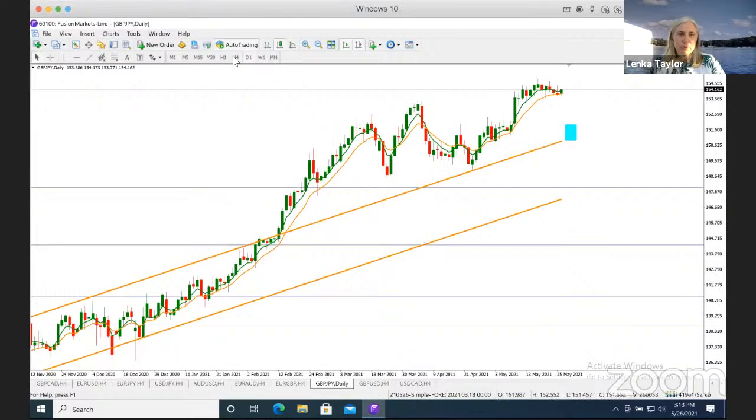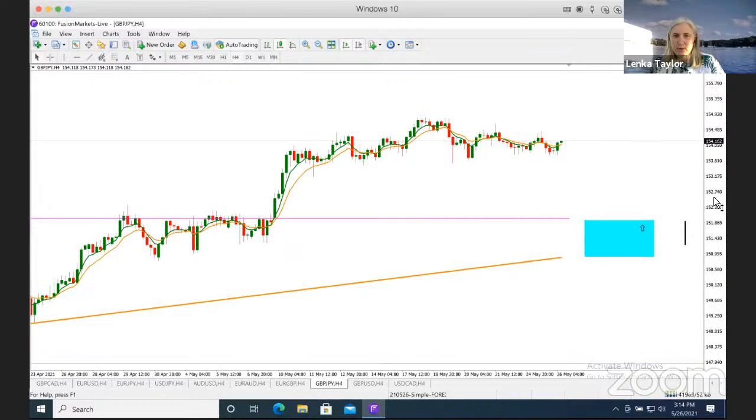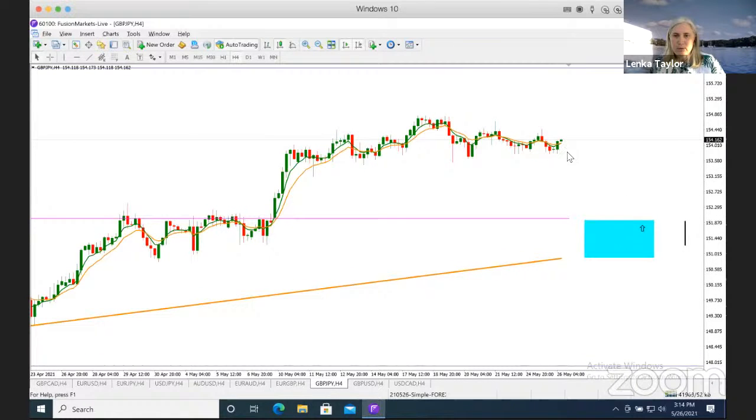So I would not be entering at the moment. Just looking for a dip down either to the previous highs there or to the channel. So in that entry area first. So drop down first, and then I'm looking for the setup after that. That won't be for a while now.